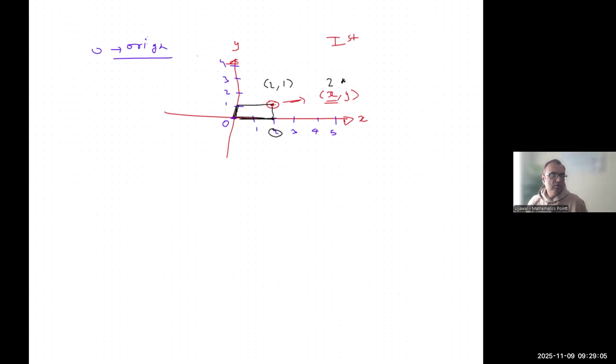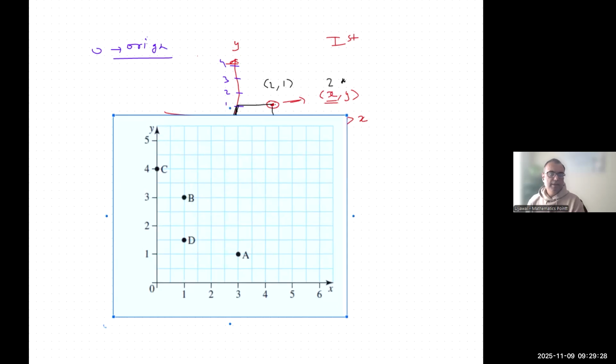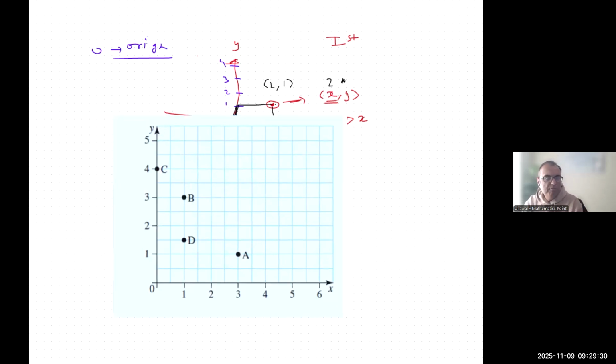Okay, let me just pull out my snip tool. Okay, I'm pasting something here now, and we'll understand it using this. Can you tell me the position of point A on the Cartesian plane? Give me the coordinates of point A.